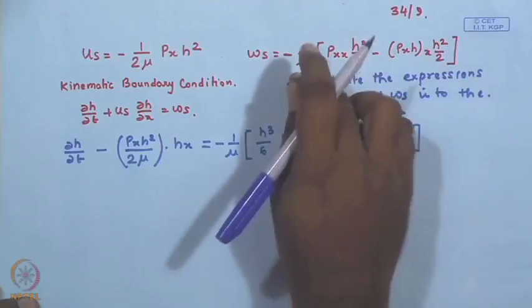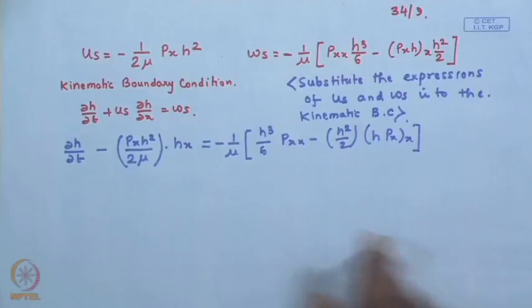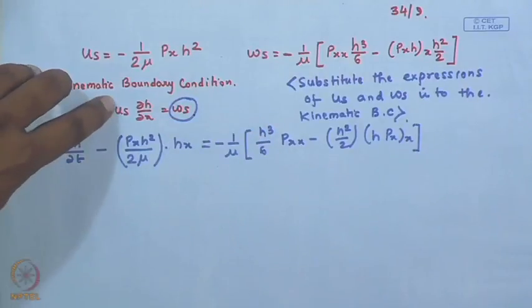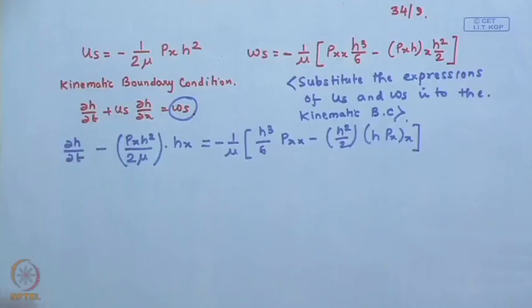So, you just substitute this expression on the right hand side, which contains the ws, and on the left hand side you have us into ∂h/∂x.